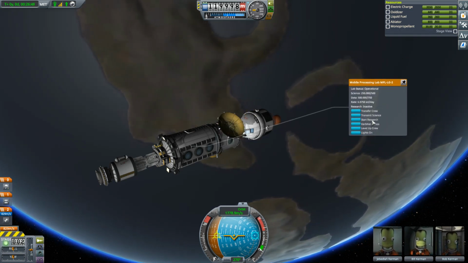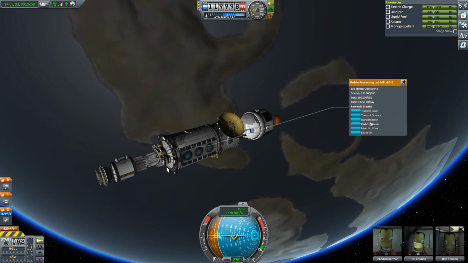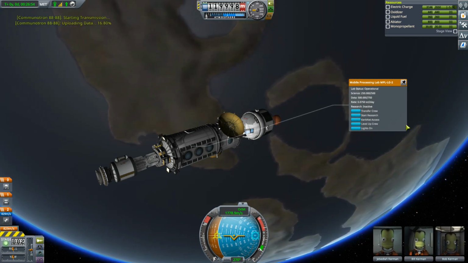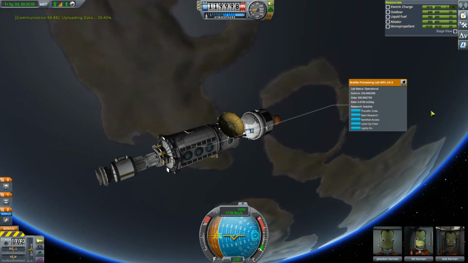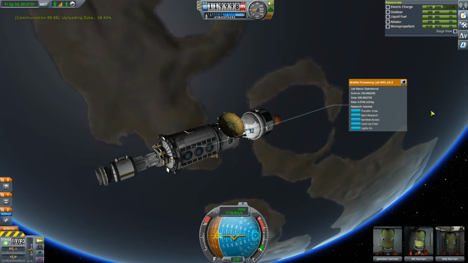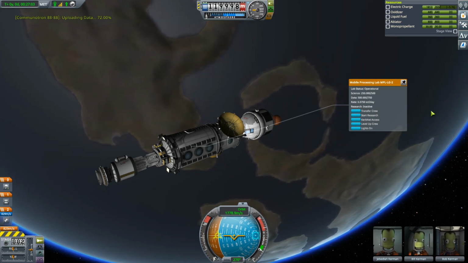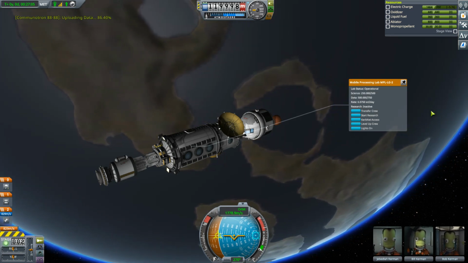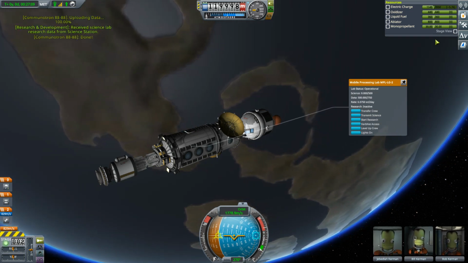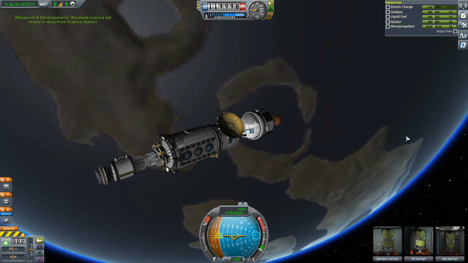That should drain the batteries, but we should be perfectly fine. So let's transmit. Off it goes. You can see the batteries going down, but we should not run out of electricity. And as you can see, we are perfectly fine, and now it's in the process of charging up.